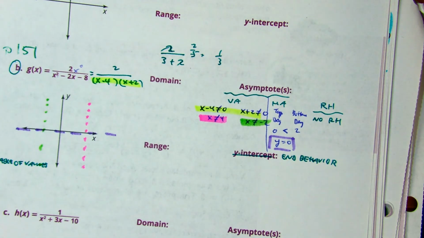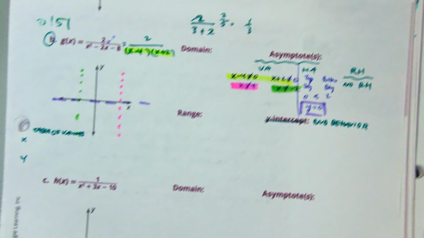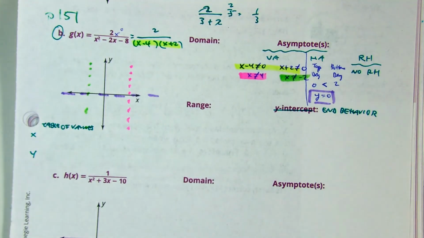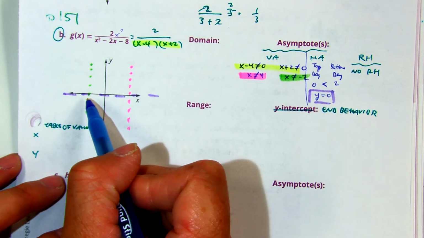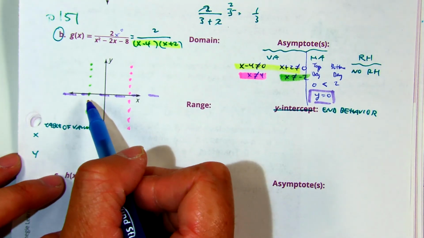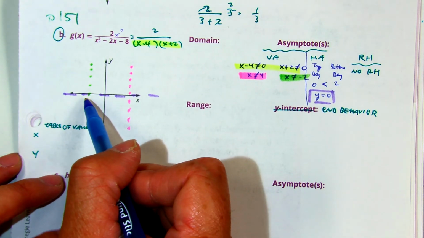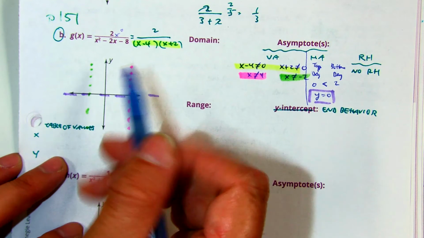Okay, this is where you need your table of values. Natalie R., what's the number of the green dotted line? Correct.